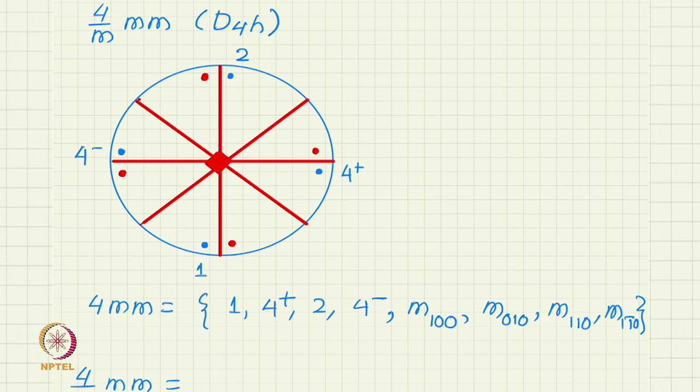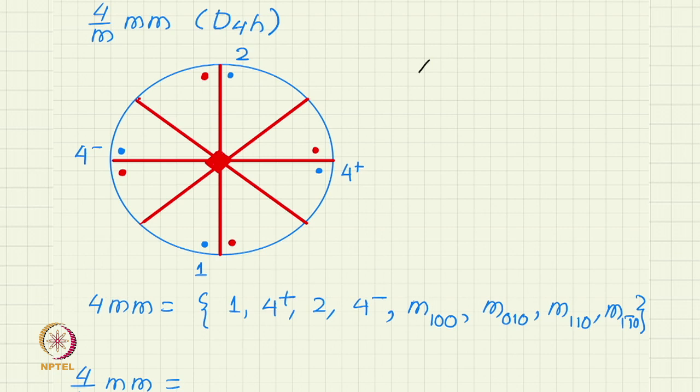So let us take the case of four-fold axis. The group which results is 4 by MMM. We will again think of it first as the group which is shown here currently, 4 mm, which we had developed previously.